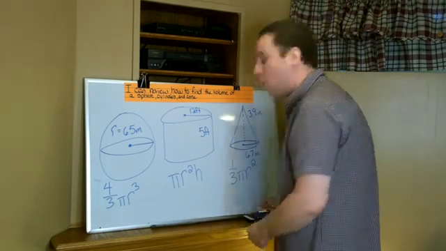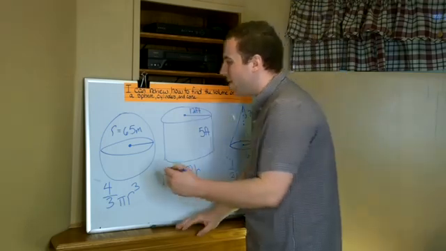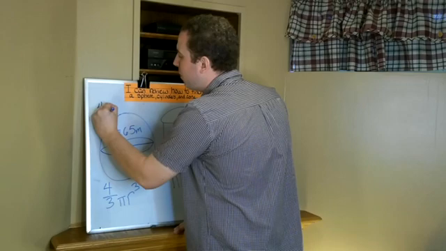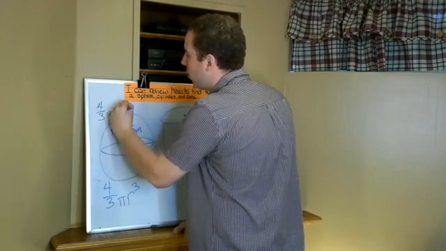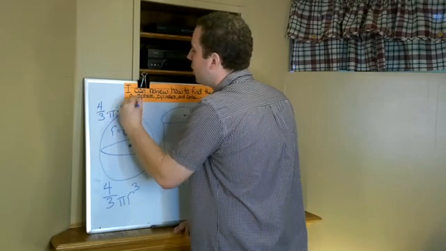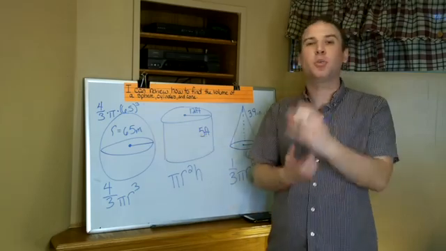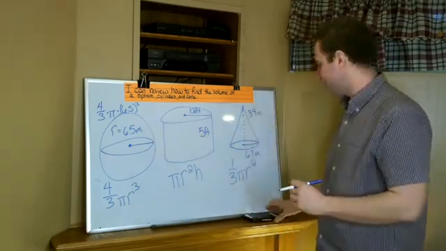And what is pi? 3.14, very good. So, I would plug in 4/3 times pi times radius, so 6.5, and I would cube it. Again, cube means I would multiply it by the same number 3 times, so 6.5 times 6.5 times 6.5.